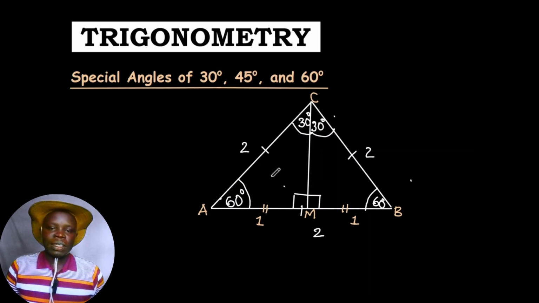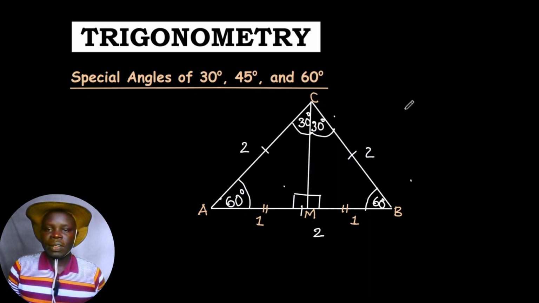Now after this, we also need to take one of these triangles because all of them are the same. So you can decide to take ACN or DCN. Let's go with ACN and take this angle 60 degrees and work out our trig ratios.